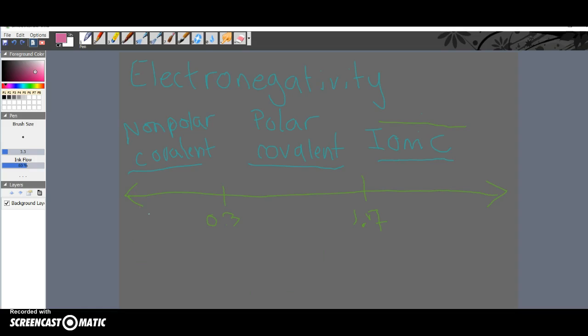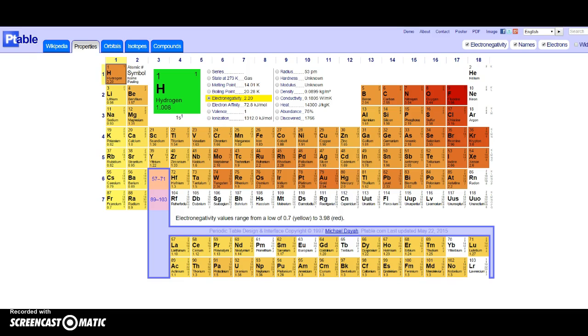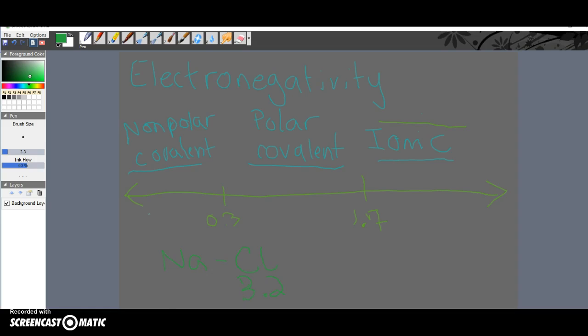So now let's look at something like sodium, Na. Oh, I should be in green here. Sodium and chlorine. So we just said chlorine's electronegativity is 3.2. And sodium, if we look back at our periodic table, is, let's call it 0.9. It says 0.93, but we're going to say 0.9.